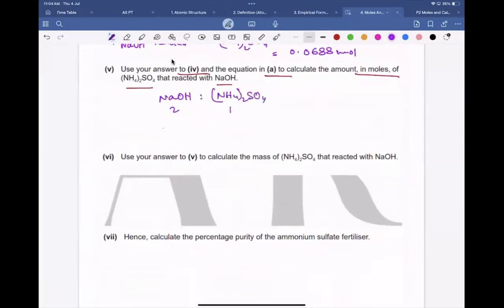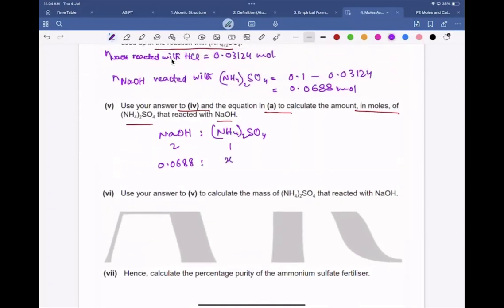Here we got 0.0688 moles of NaOH, so the moles of ammonium sulfate would be X. X is 0.0688 divided by 2, which is 0.0344 moles.